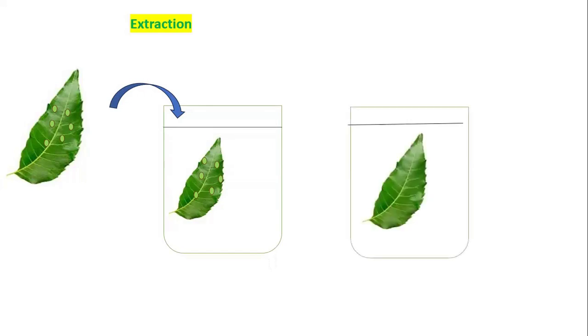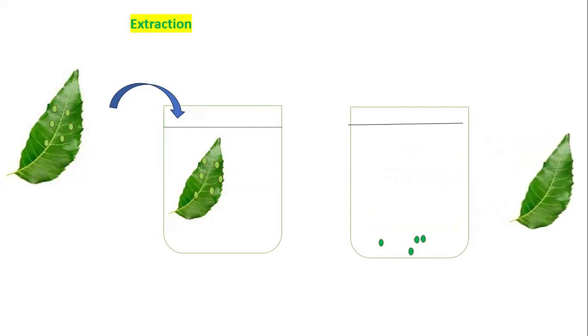After that, you will observe that these active chemical components from the leaves are separated; they come into the solvent. Then when you keep the leaf outside, in the beaker you get that active chemical component. These are nothing but the extracts.